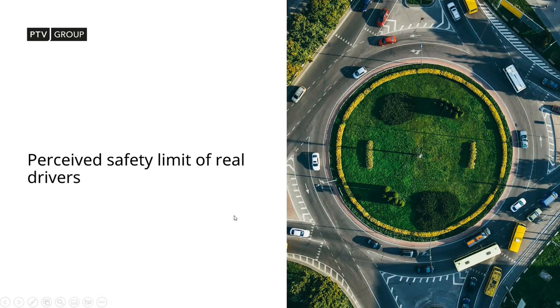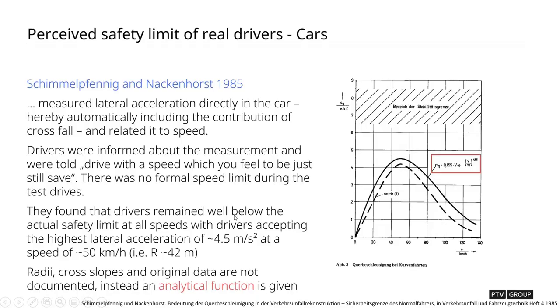And that's really a different thing if we look at that function here. How was this function obtained? Two researchers, Schimmelpfennig and Nackenhorst, in 1985 did an experiment. It was on a road or roads or on a track, but in the sense a lab experiment, as the participants knew they were driving for science, so they knew they were observed.